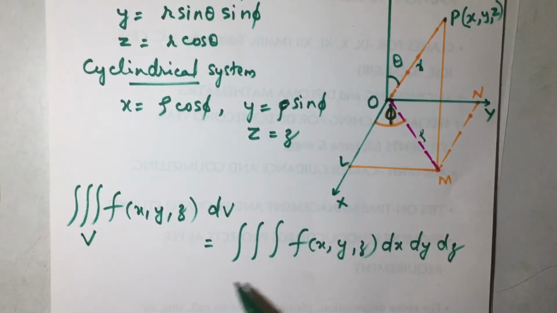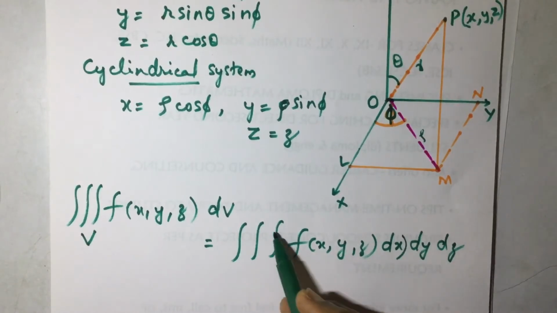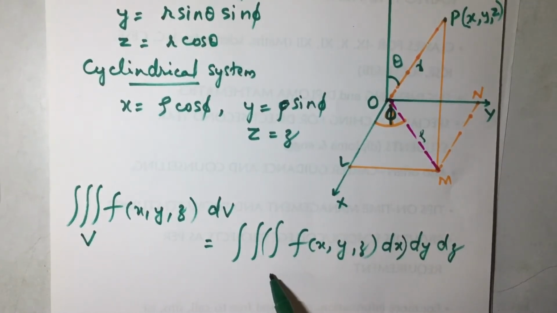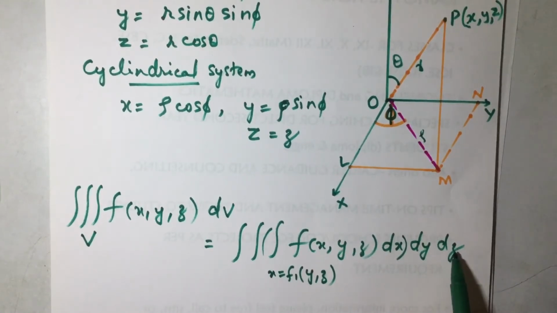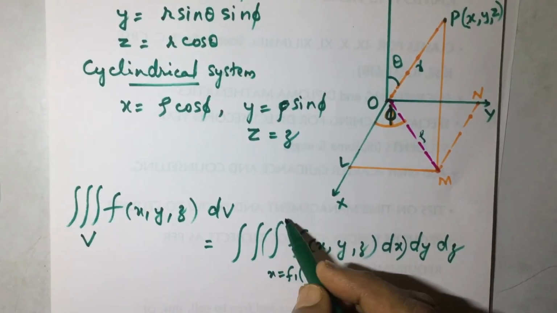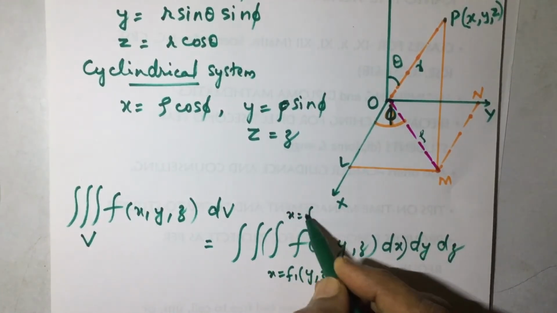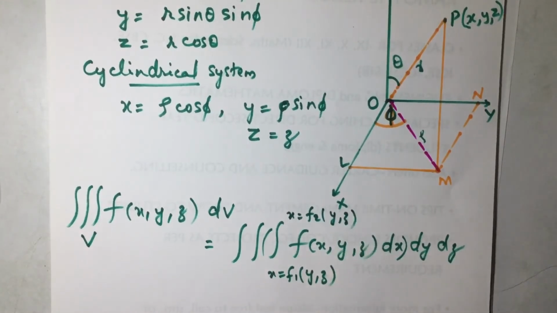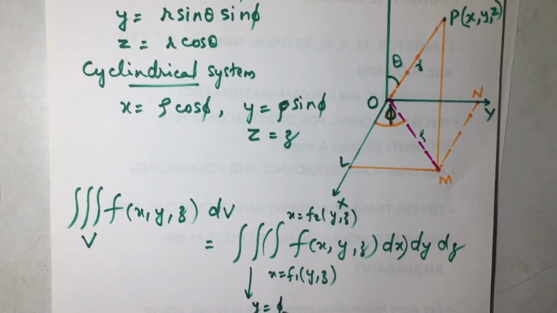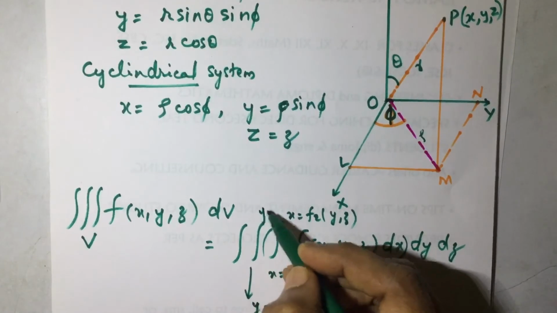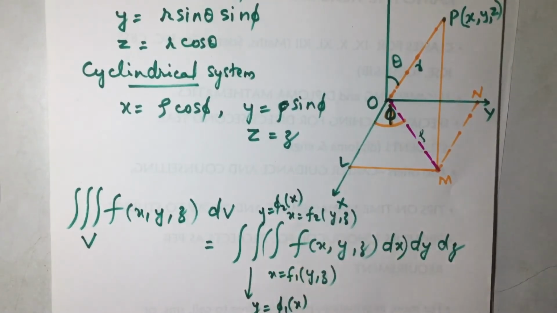Okay, now suppose here it is f of x, y, z dx dy dz, then if you are integrating x first, the limit of x will be in terms of y and z. You will integrate with respect to x first, keeping y and z as constants, and the limits of x will be in terms of y and z, say x equal to f1 of y, z and x equal to f2 of y, z. Then we integrate with respect to y, so y will be some function of x, say y equal to phi 2 of x.